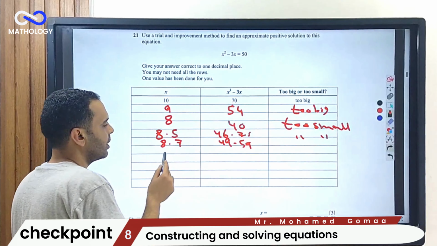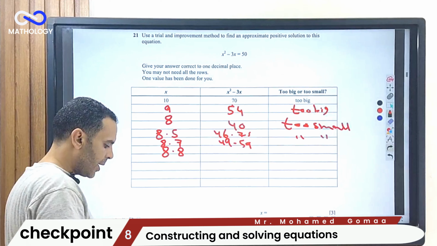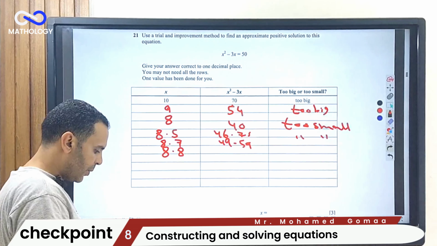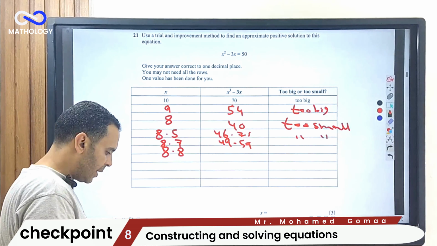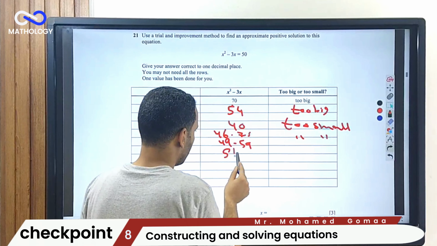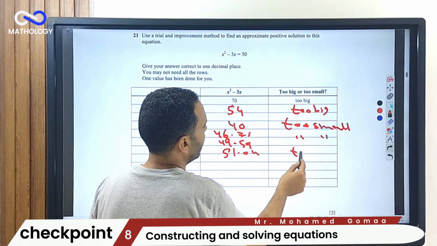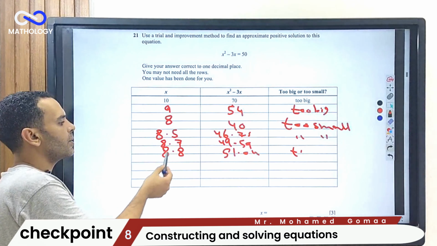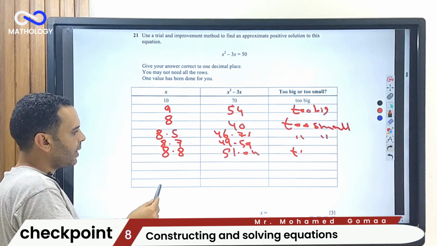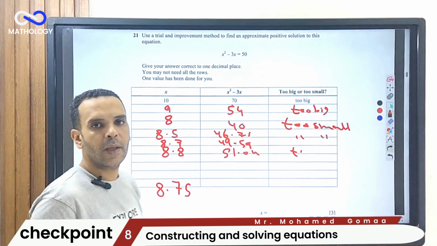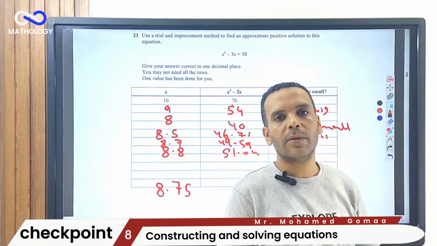Too small. Try 8.8. 8.8 power 2 minus 3 multiplied by 8.8 will be 51.04. Too big. That means our solution is between 8.7 and 8.8, and we can try 8.75 and so on. This method is called trial and error.